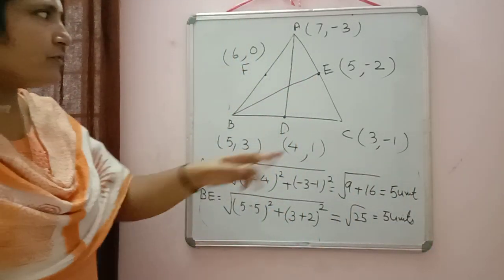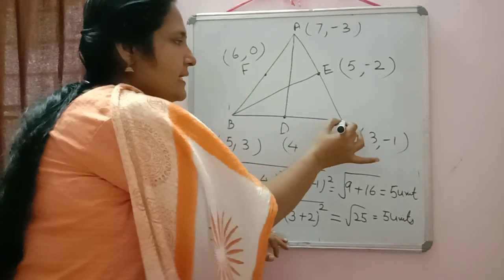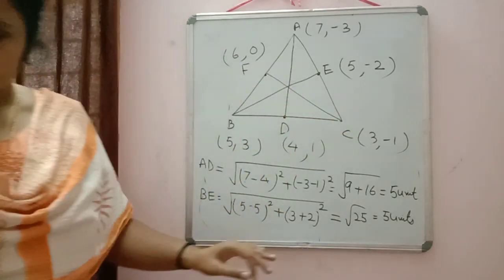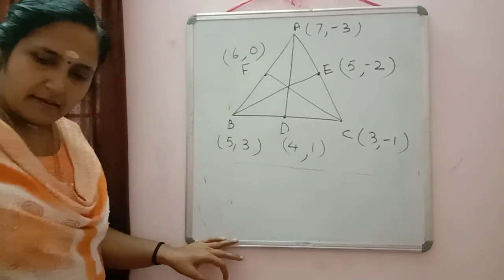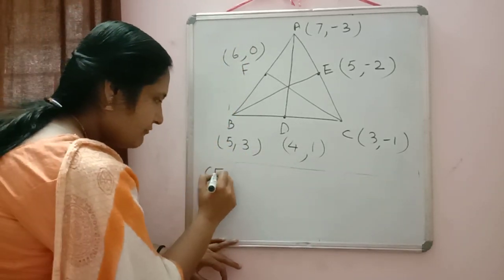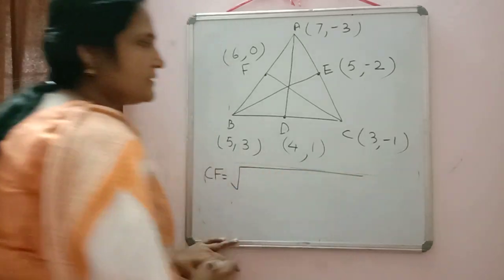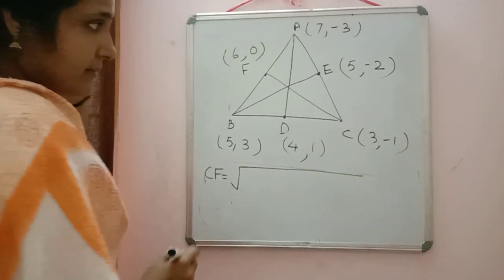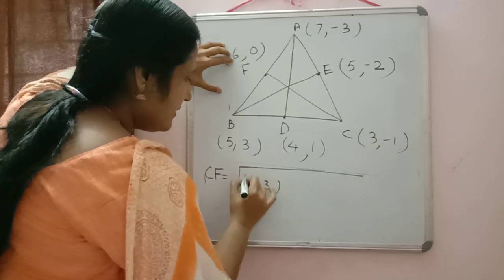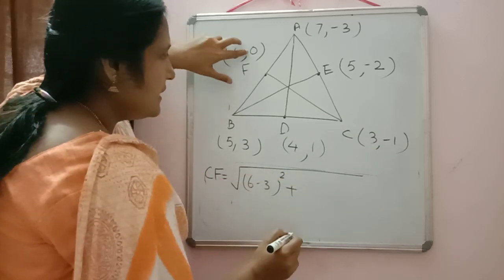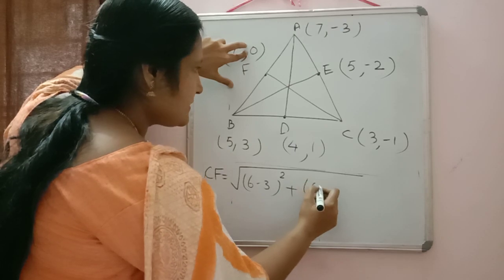Now one more we have to calculate, that is CF. Again we will calculate CF using the distance formula. CF is equal to the square root of (6 minus 3) the whole square plus (0 minus 1) the whole square.